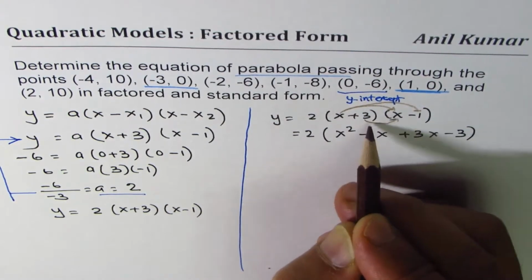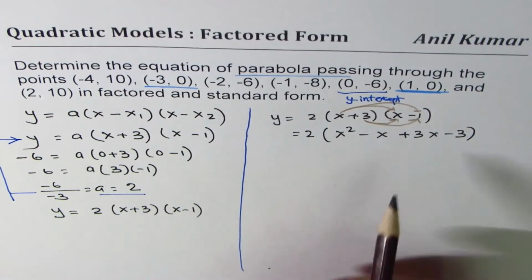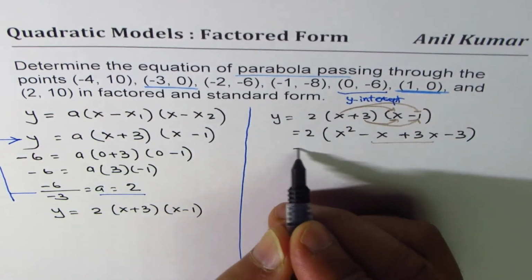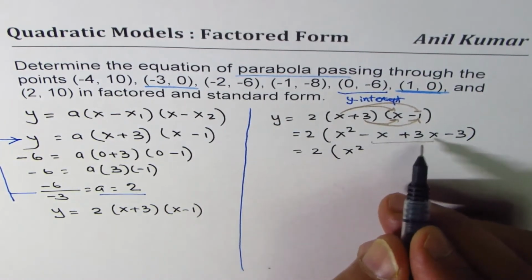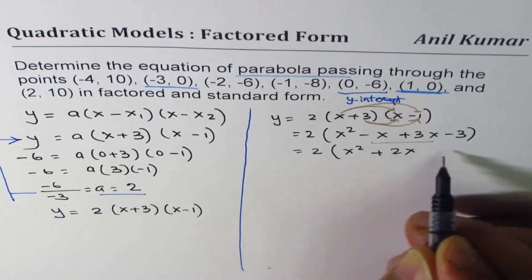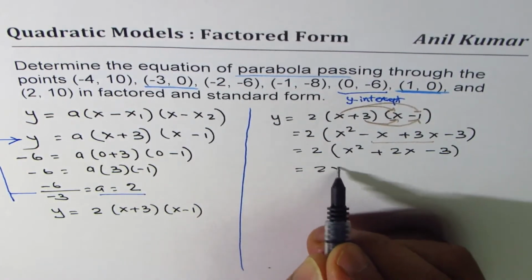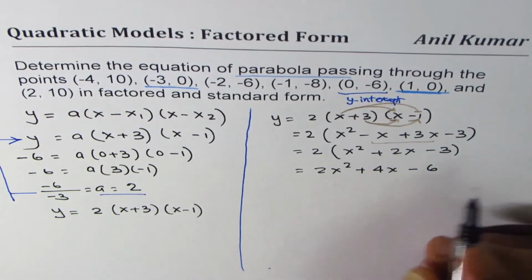And then with 3. And now we'll combine the like terms, basically these two terms. So we could write this as 2 times (x squared minus x plus 3x, which is plus 2x, minus 3). And now we can expand it, which is 2x squared plus 4x minus 6, right?